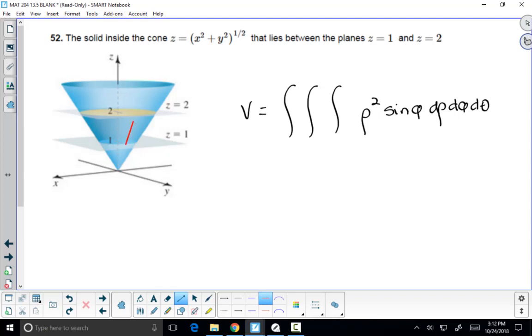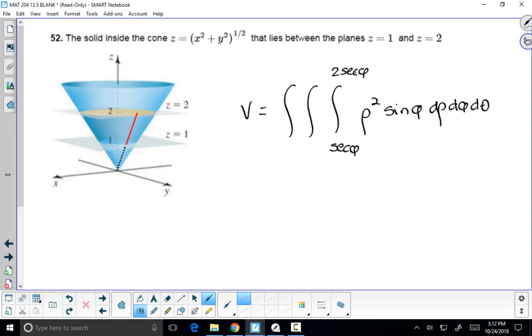We're imagining a spherical element coming from the origin, but it's dotted here because we're not at our inner surface yet. Our inner surface is z equals 1, which we've already seen is 1 secant of phi. Our outer surface is z equals 2, which is 2 secant phi.